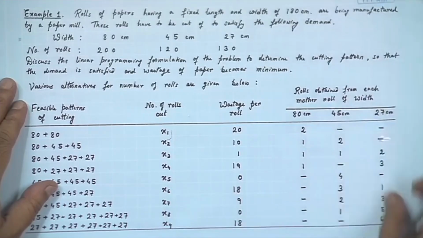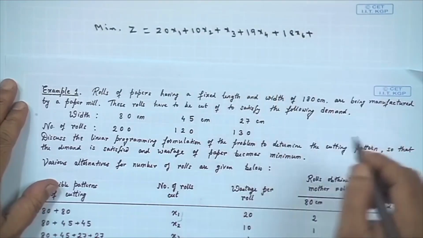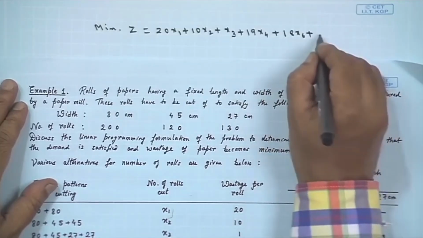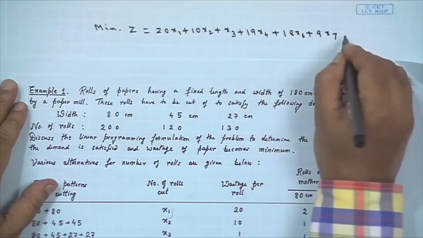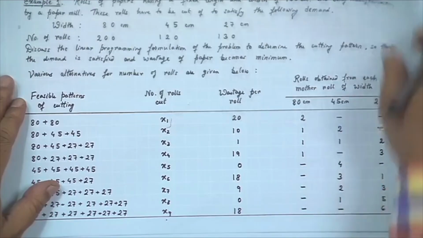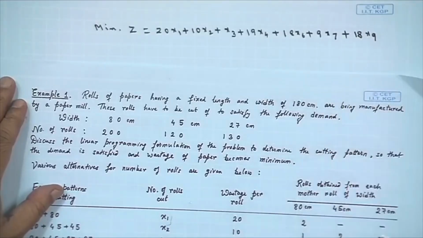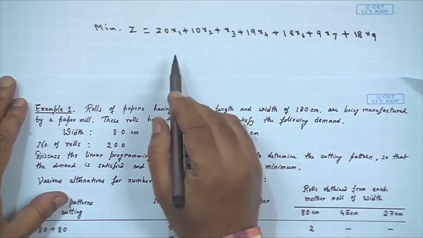So, directly we are writing 18 x6 plus 9 x7 plus, again here, for x8 the wastage is 0. So, for x8 there will be no component, and the last component will be 18 into x9. So, plus 18 into x9. So, this is your objective function.